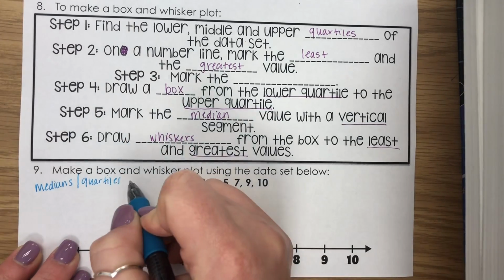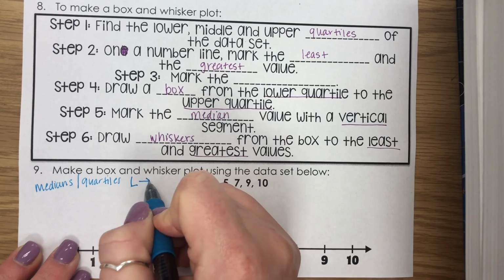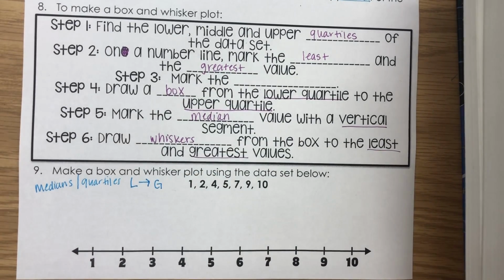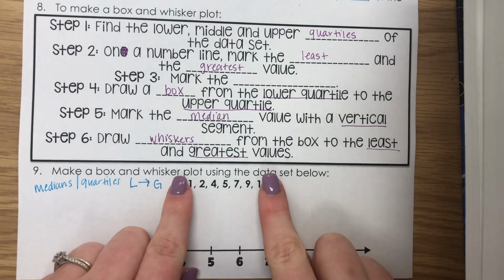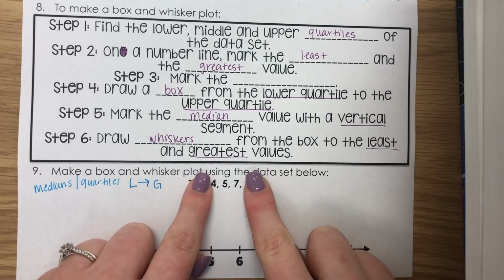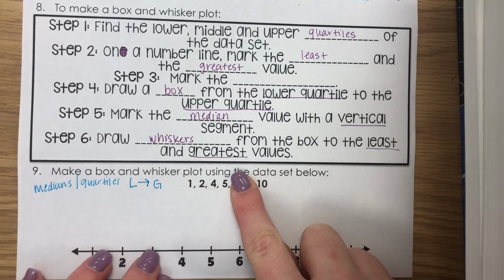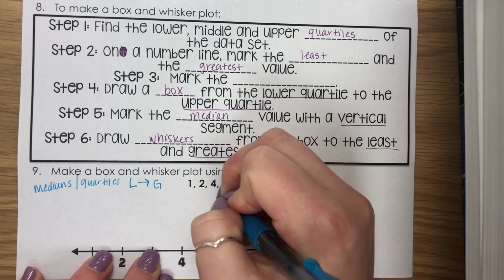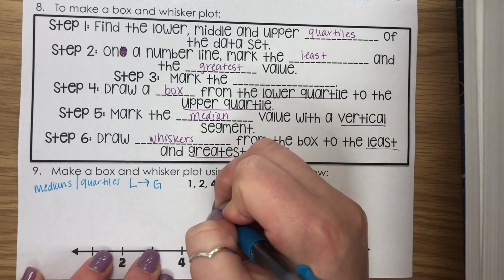So our data has to be in order from least to greatest. So first we want to find the median of the entire data. So those are gone. Move in one, move in one. So 5 is our median, which is quartile 2.